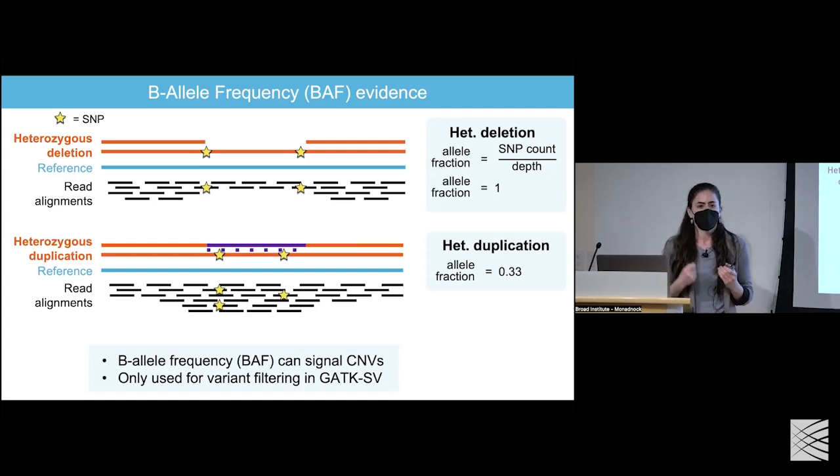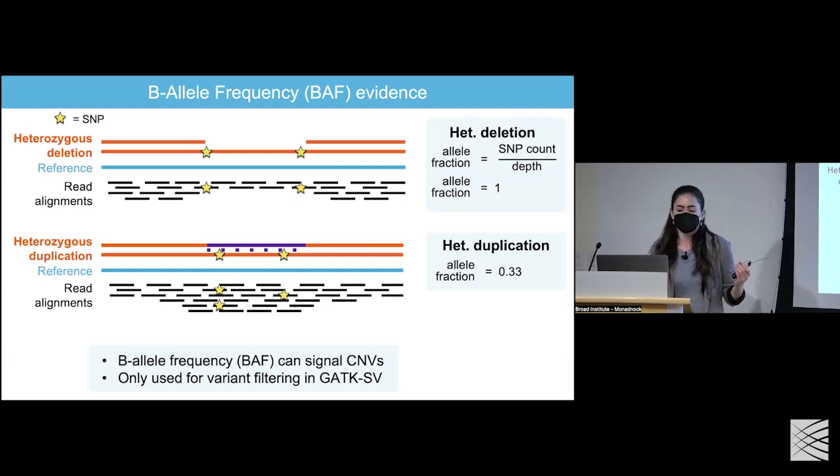But in the presence of copy number variants, that allele fraction can shift. So in our heterozygous deletion example, when we have SNPs on the non-deleted haplotype, the allele fraction for those SNPs is 1, because there's actually only one copy of that region, and so all of the reads should support that SNP.